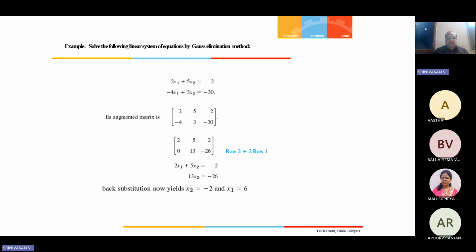And then, of course, here you can write R2 plus 2 times R1. Or if you want to follow this notation, R2 means row 2, capital R suffix 2, arithmetic operation plus 2 times R1.